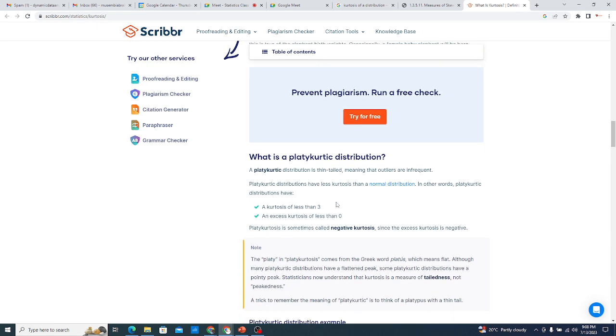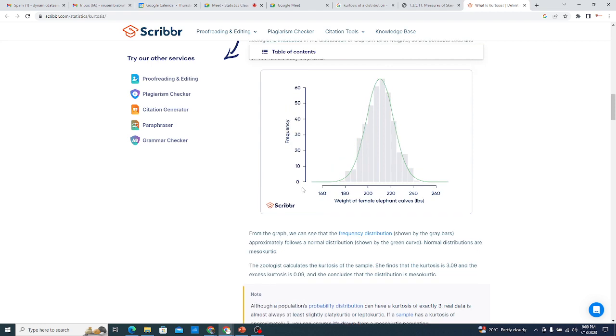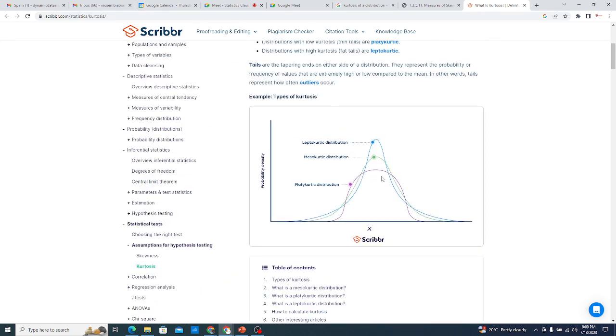What about the one with less than 3? That is platykurtic. We are saying a kurtosis of less than 3, an excess kurtosis of less than 0, means thinner tails.